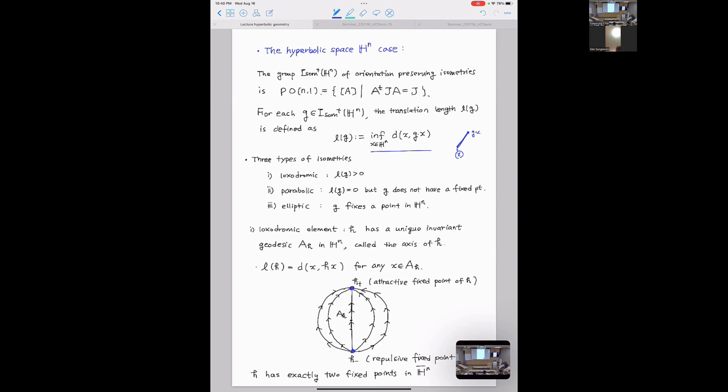Every point goes to h plus under the h action, and it has an invariant geodesic joining the attracting fixed point and the repelling fixed point, and h acts on this invariant geodesic by just a translation. And actually, the translation length is this translation length. Okay, so this is the dynamics of the loxodromic element.